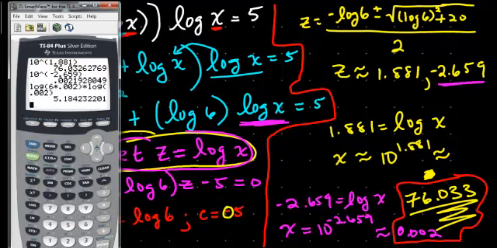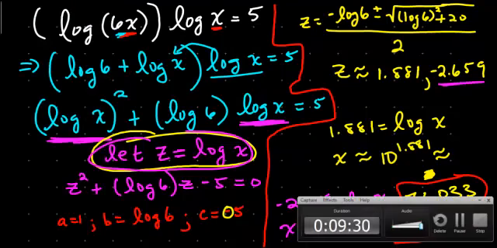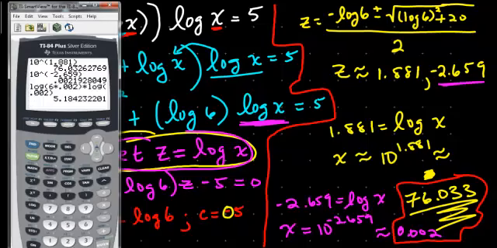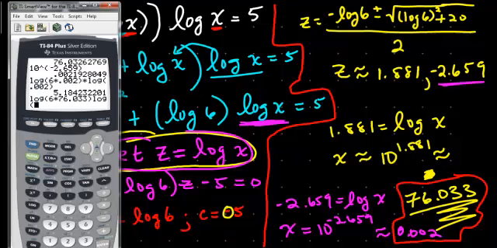Okay, good. You can see the rounding made it off a little bit. Let me check the other one. The log of 6 times 76.033, times the log of 76.033. Is that going to give me about 5 as well? Good. That one's a little better.